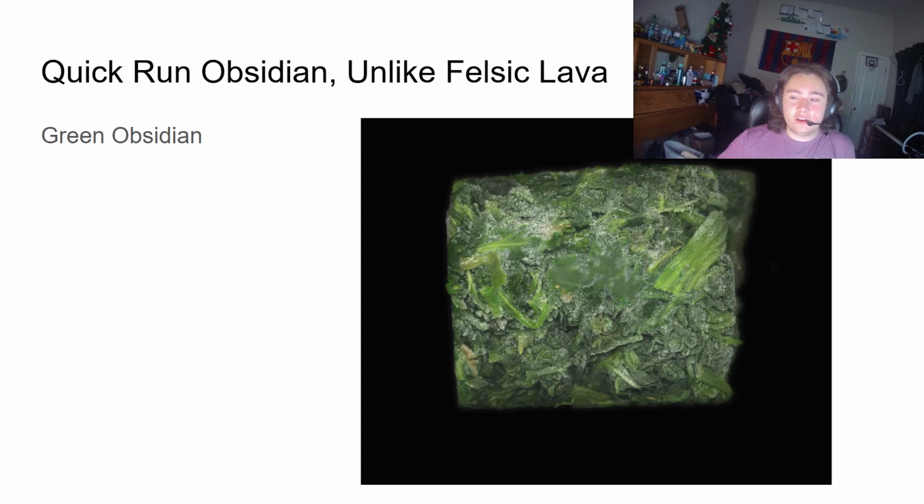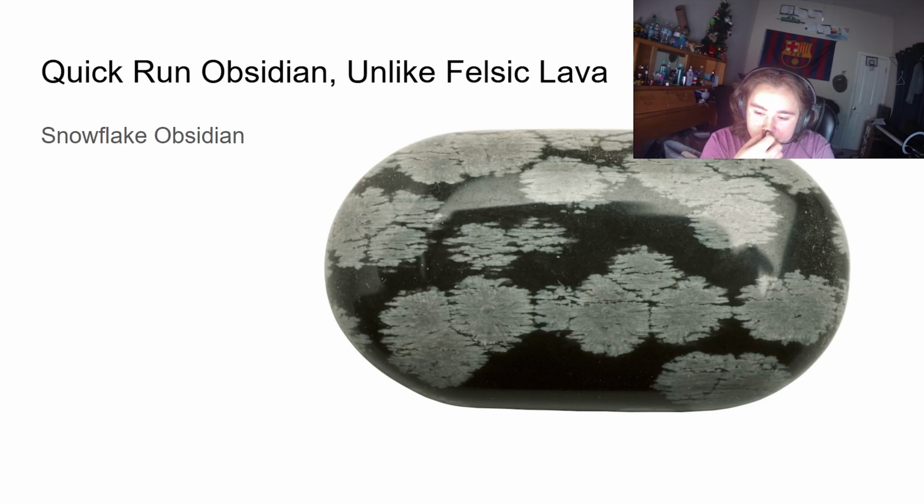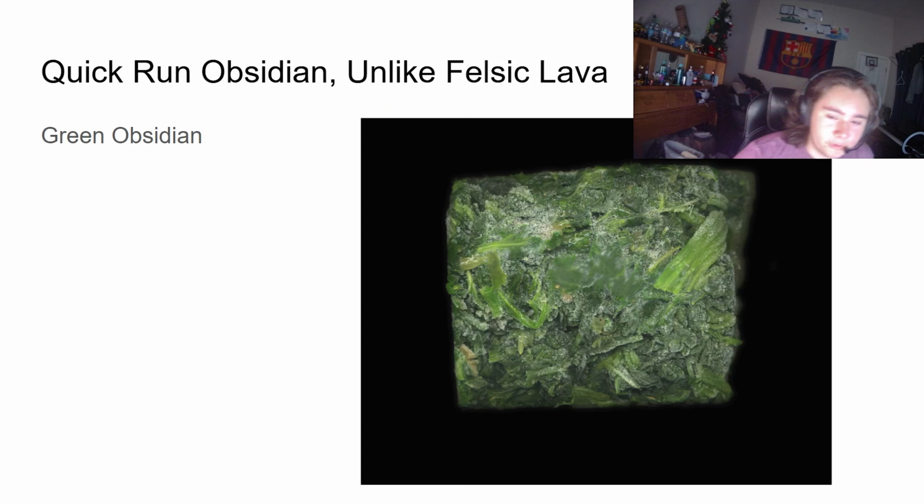The next one is green obsidian. This is not exactly a good image of green obsidian. Going backwards, the one on here, if there is one, which there isn't, how odd. They did not put that on there. How odd. Green obsidian, but they did put it in their article, blog post, or whatever.